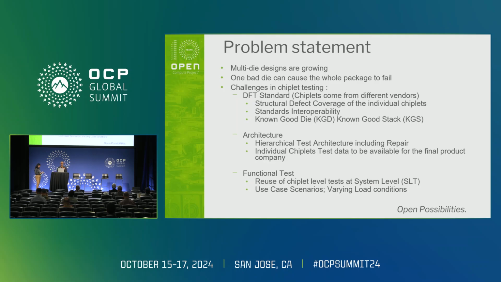And these days, we have to support repair in case of failures, especially in the use case scenarios. So the test methodologies need to be in place to improve the production test, and they need to be standardized to improve the efficiency and the quality, and to reduce the test cost, which is directly proportional to the test time.